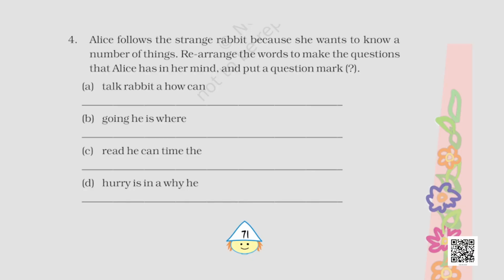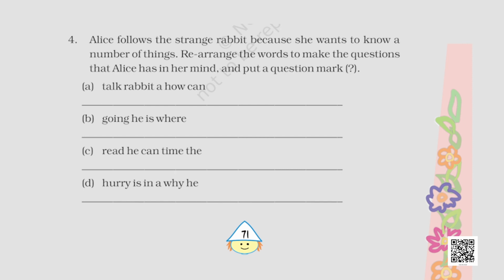Now let's move to the last question on page 71. We remember from the story that Alice too had many questions in her mind. Some of these questions that Alice had are given to you in the jumbled form in question number 4.